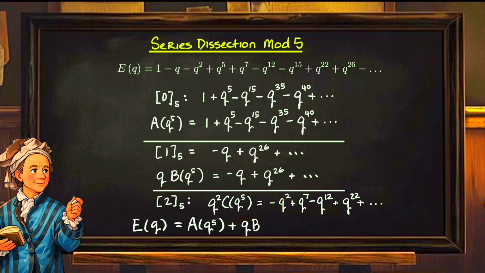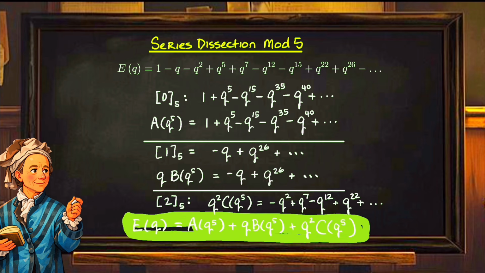Euler was able to write an identity equation, noticing clearly that certain residue classes were missing, those classes being the classes 3 and 4 modulo 5.